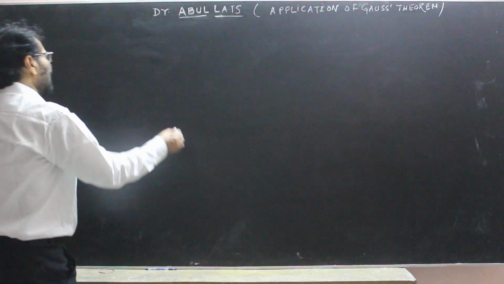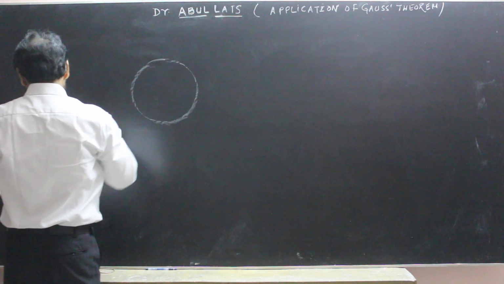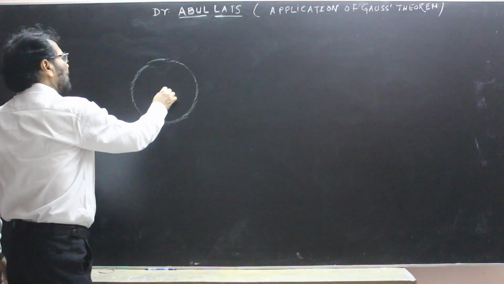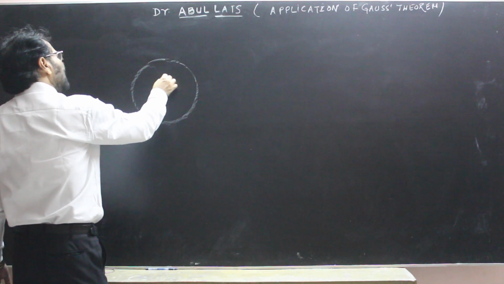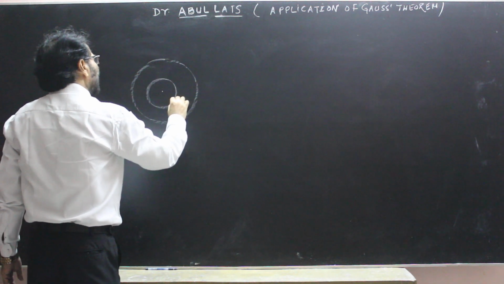Now, some charge is given to the conductor. Now, we take a Gaussian surface in the form of a sphere.